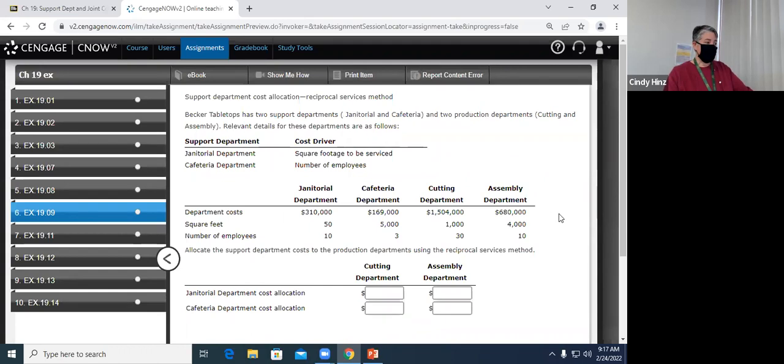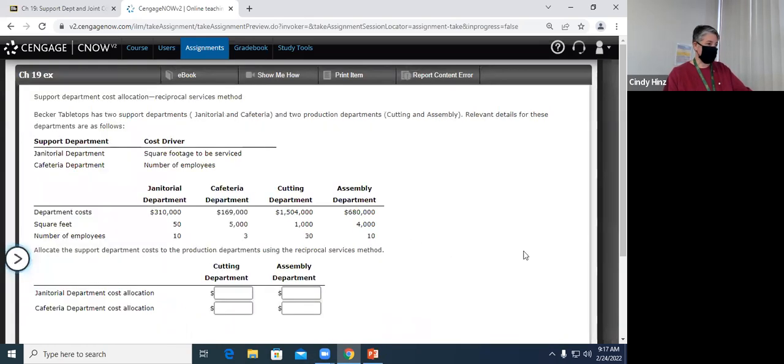And we will pick up then, since nobody's asking any questions now, we will pick up with exercise 6. So again, because it's been a week, I'm going to remind you this reciprocal services method, although it is the most accurate of the 3 methods that we're using, it is also the most difficult to implement.